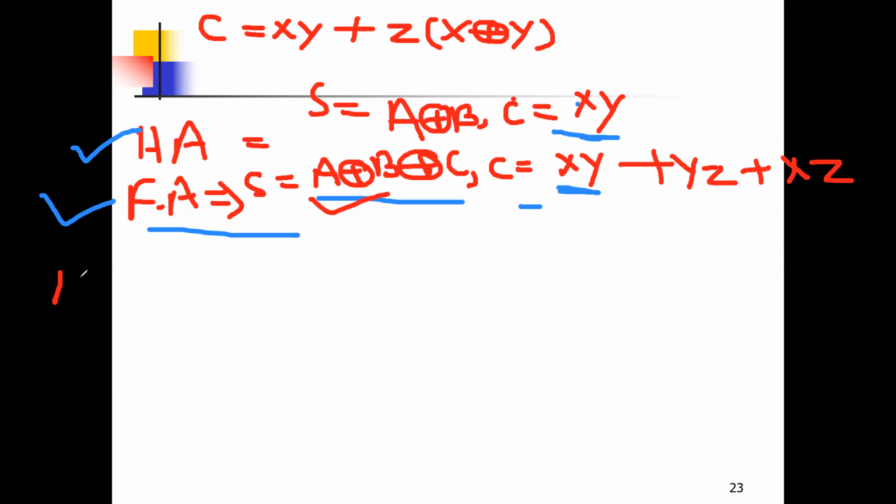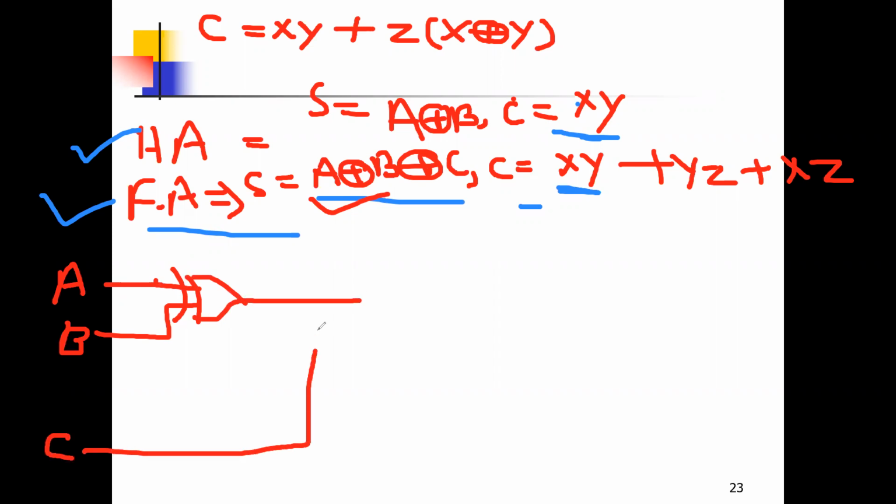So I am going to take A and B, and then XOR C. Any doubt till now?